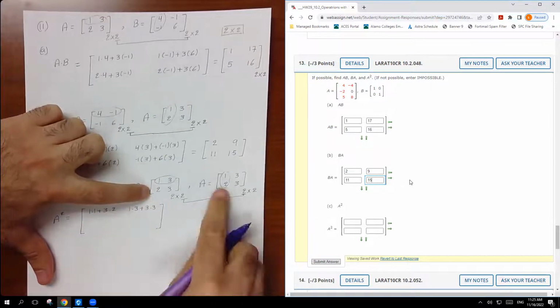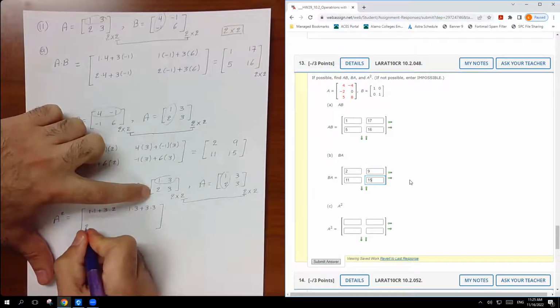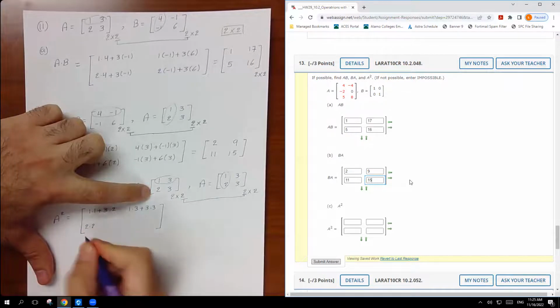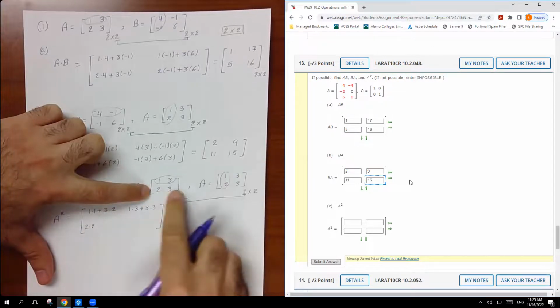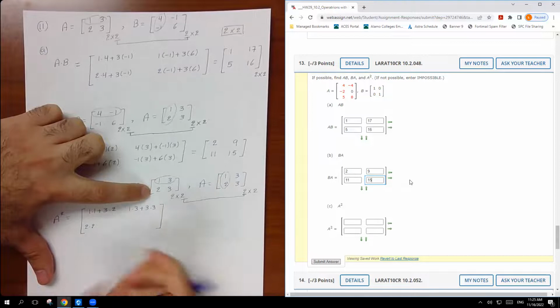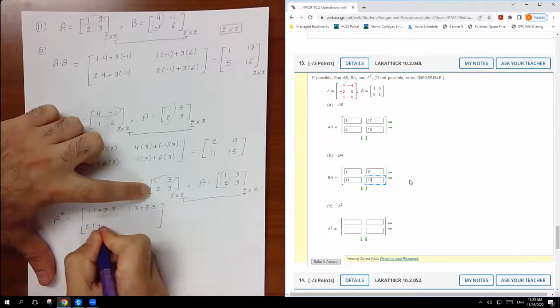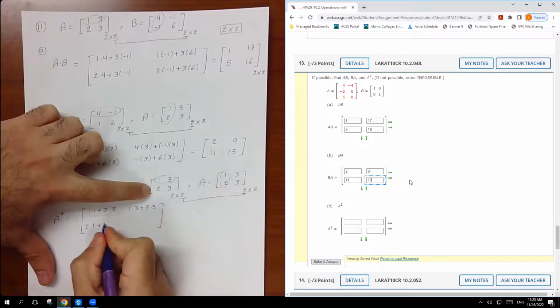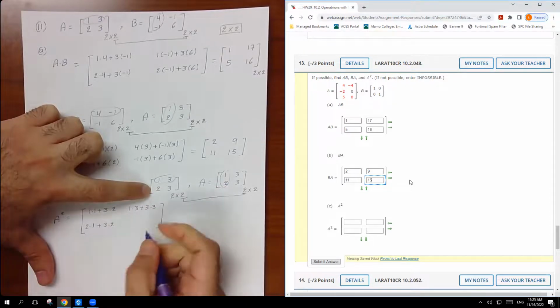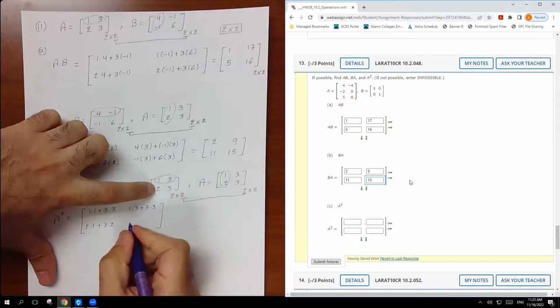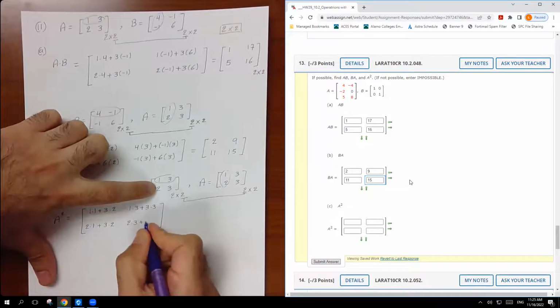The second row with the first column. So 2 times 1 plus 3 times 2. The second row with the second column. So 2 times 3 plus 3 times 3.